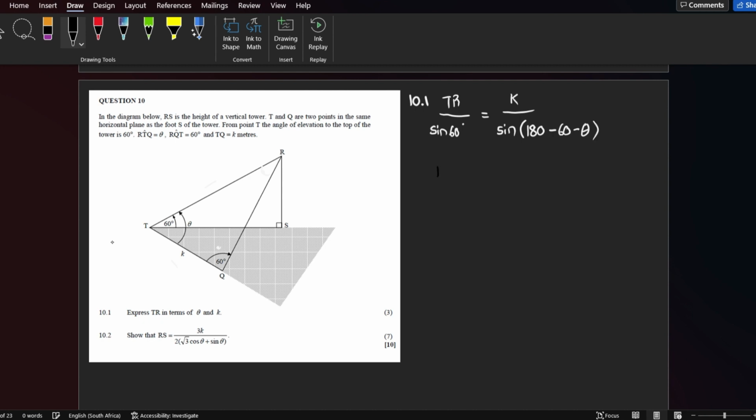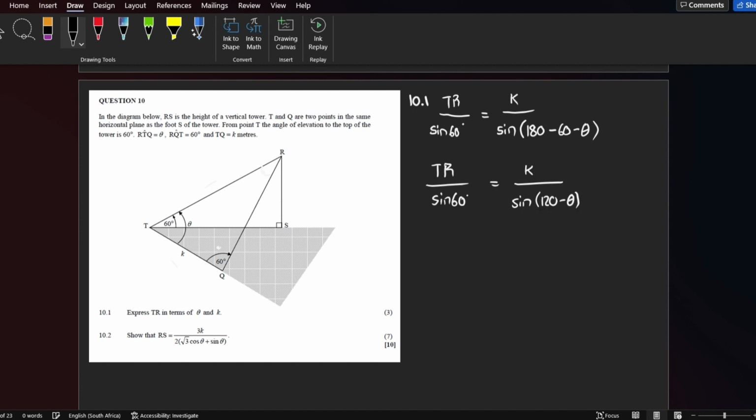So what we are left with is TR divided by sine 60 equals K divided by sine, and this simplifies to 120 minus theta.